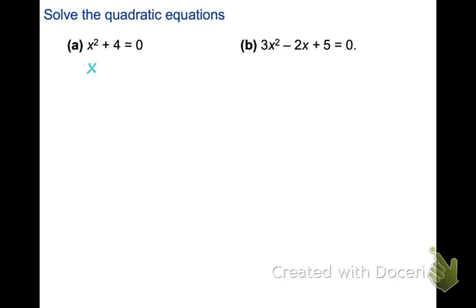Couldn't I do x squared equals negative 4, and then take the square root of both sides? I can only do this because it's a 0x. So now I have x equals plus or minus, what's the square root of negative 4?